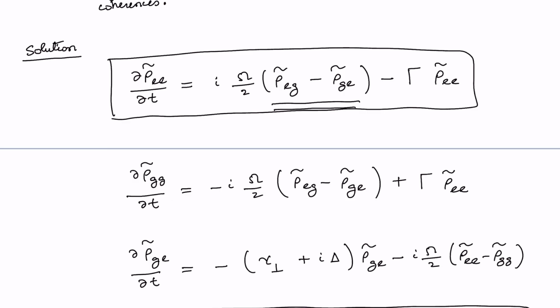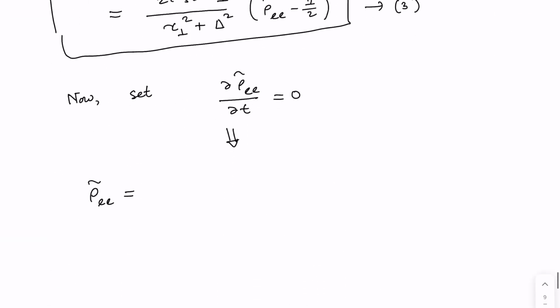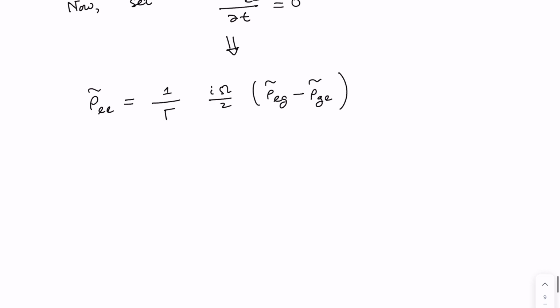If I take it to be 0, from there I can find out rho tilde EE, and rho tilde EE would be 1 by gamma, I capital omega by 2, times rho tilde EZ minus rho tilde ZE. Now rho tilde EZ minus rho tilde ZE, these are the steady state values I have to put. Therefore I have the excited state steady state population, or the density matrix element referring to the excited state, as t tends to infinity.